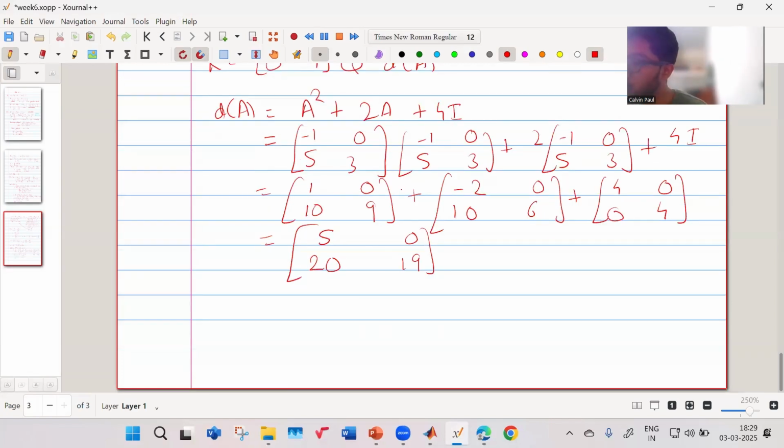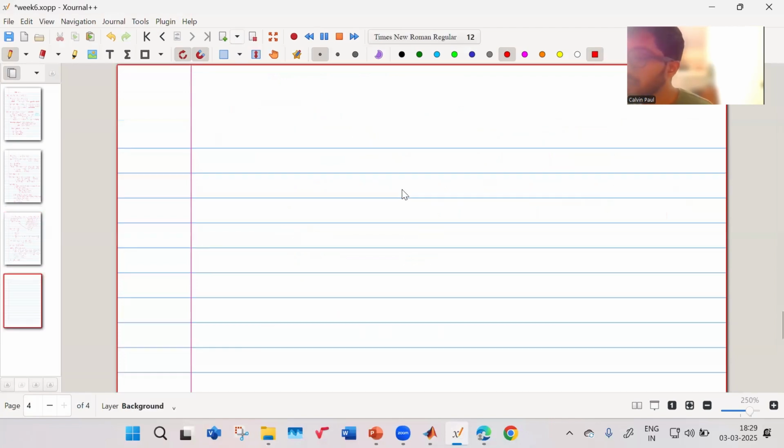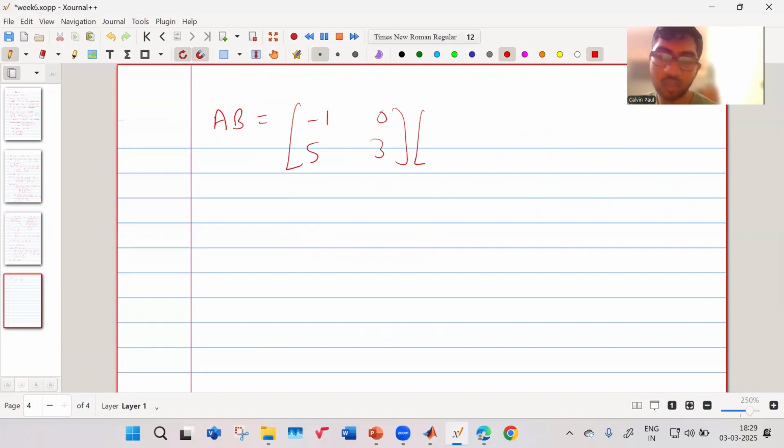What is Q? Q is B comma AB. The shortcut I used was MATLAB to directly find it, but here we actually have to find the Q matrix. So what is A into B? A is minus 1, 0, 5, 3 and B is 3, 2.